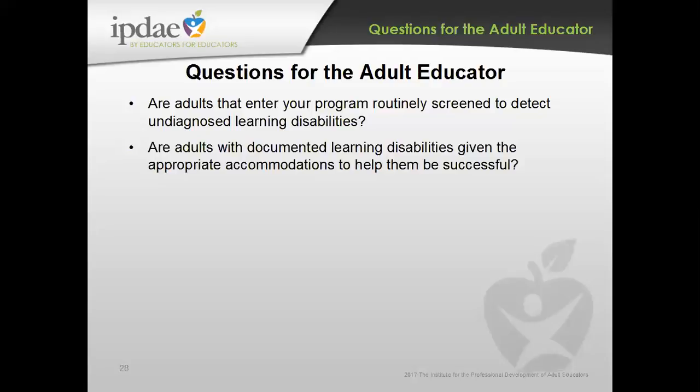That's called self-identification, and most of our students don't do that. In my experience, they do it when they're in a GED program and they need to have accommodations approved to take the GED test. Otherwise, we may have students sitting in our classroom every day that were in a special ed program for learning disabilities in middle school, in high school, and we don't even know about it.